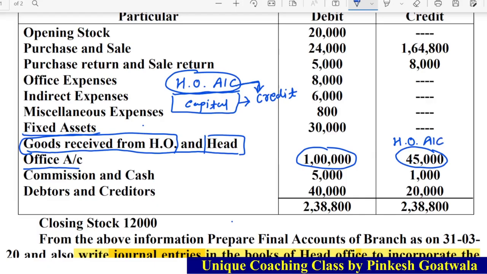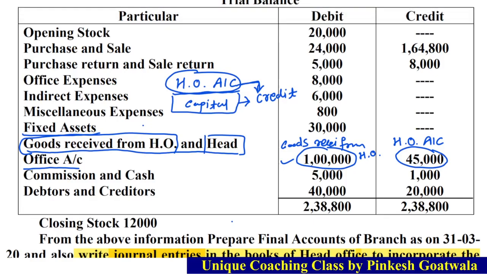And 1 lakh is goods received from head office, the goods that were received from head office. And 45 is the head office account balance. Now let's give this entry, goods received from head office.